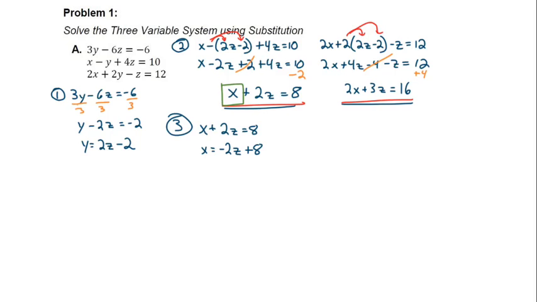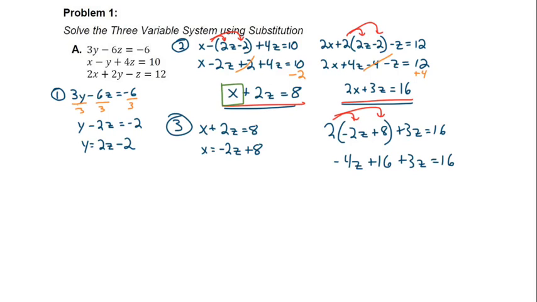So 2 times negative 2z plus 8, plus 3z equals 16. And we'll solve just like we did earlier. Start out by distributing and collecting your terms. 2 times negative 2 is negative 4, so negative 4z. 2 times 8 is 16, plus 3z equals 16.